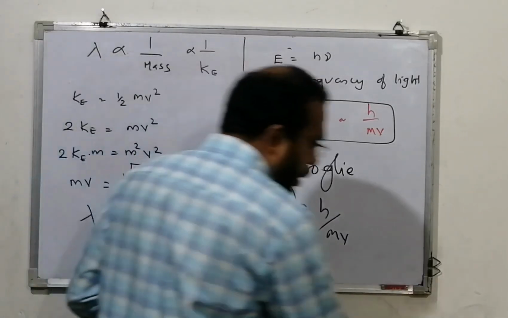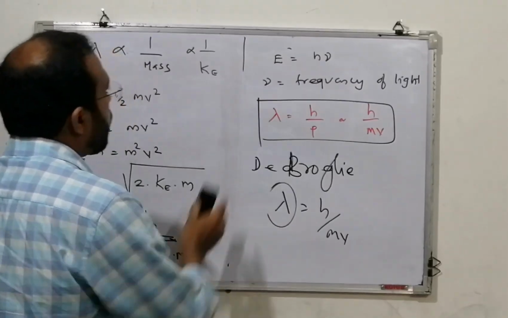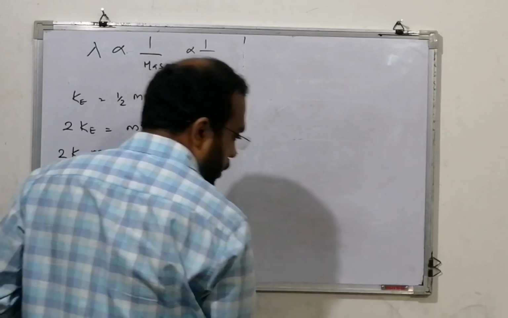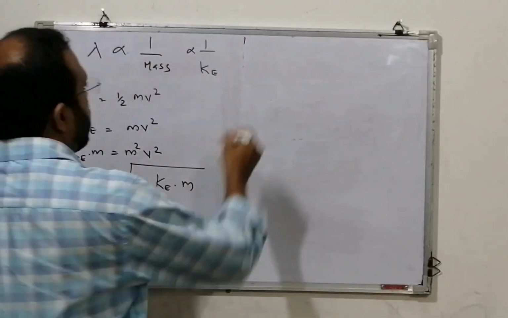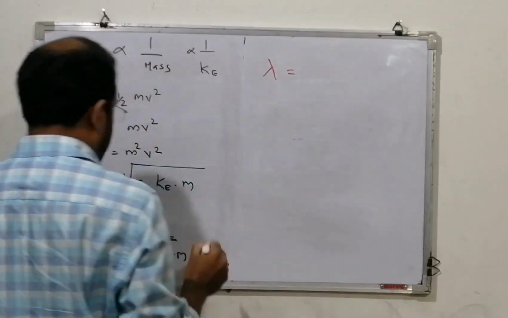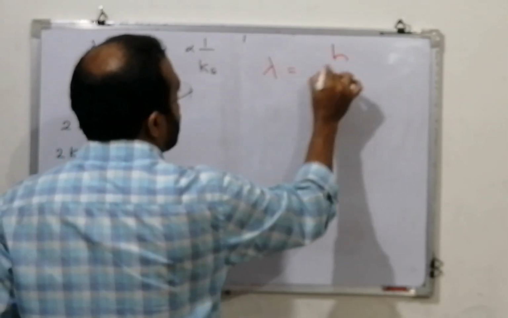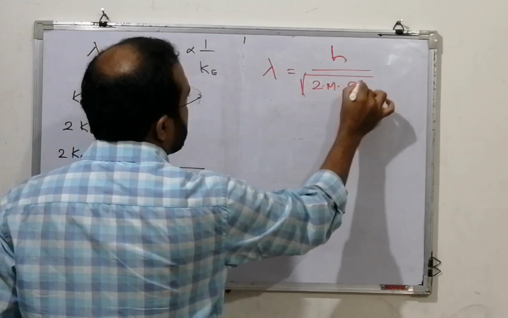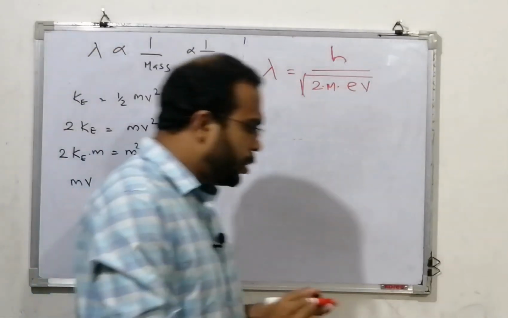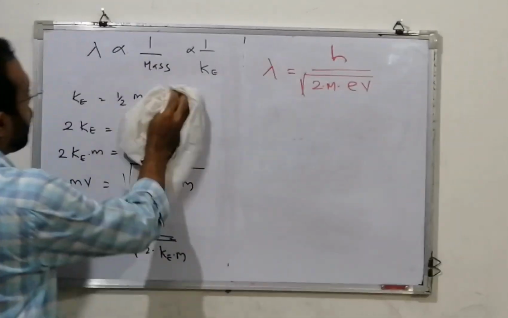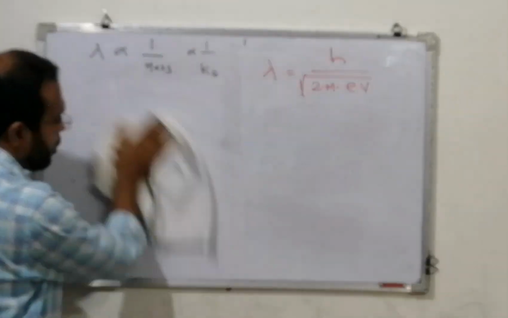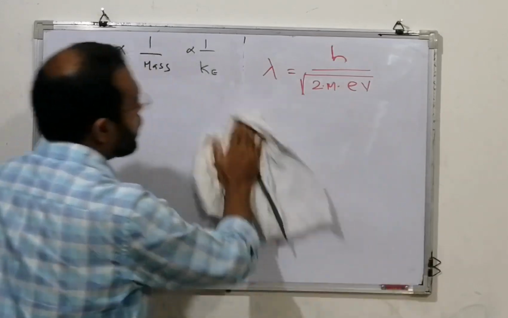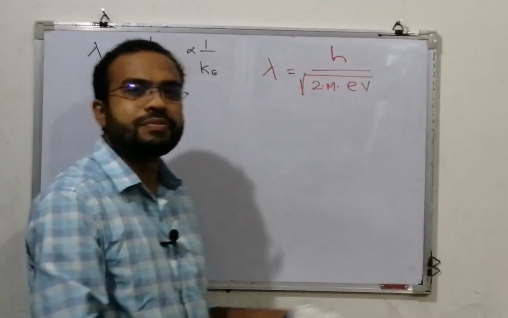Now, we have another equation. Lambda is equal to h by the square root of 2 into m into kinetic energy in electron volt. How does your electron get the kinetic energy? By applying the voltage. When you apply the voltage, your electron will get the kinetic energy.